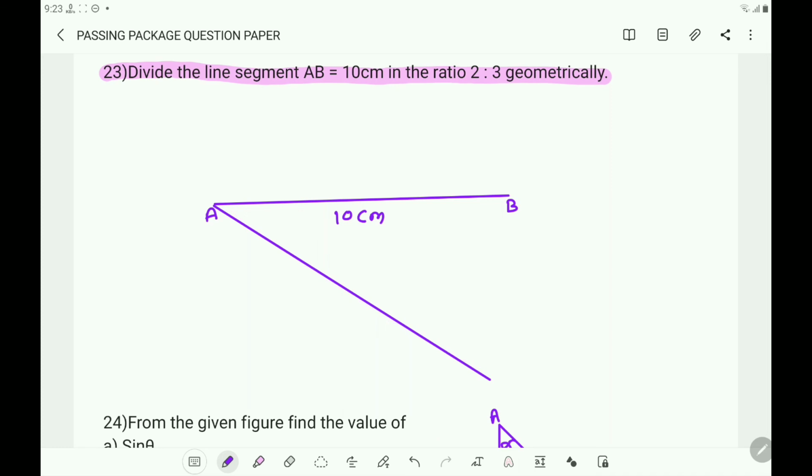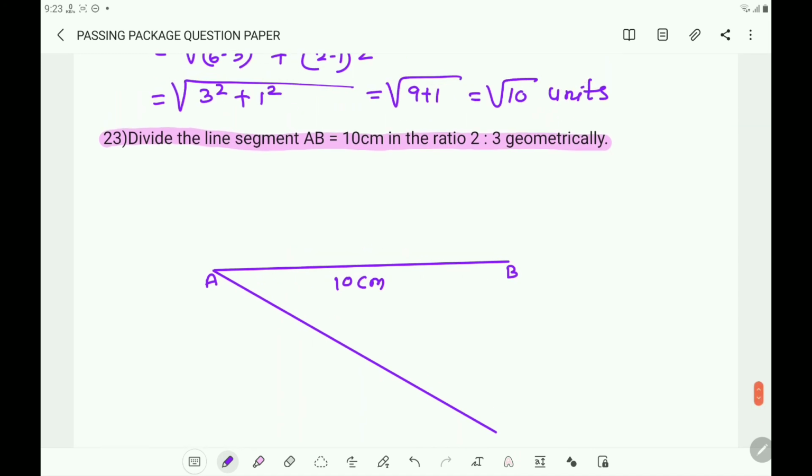Next, in the next step, draw an acute angle at point A. This is an acute angle, meaning less than 90 degrees. After that, what is the ratio? 2:3. You know that 2 plus 3 equals 5. Take a compass with a convenient radius and make 5 equal parts on this.